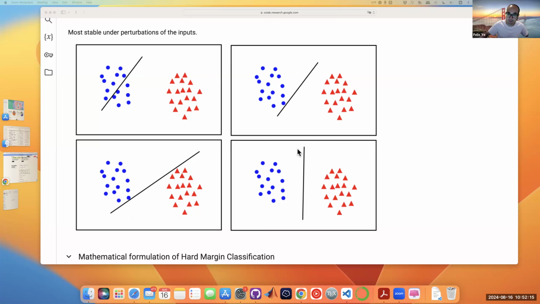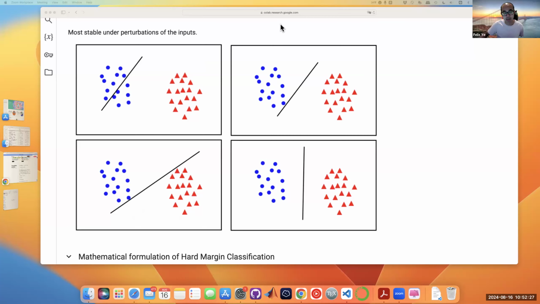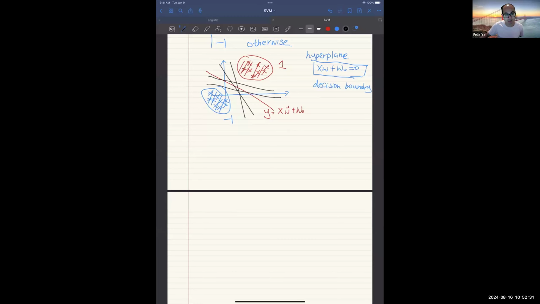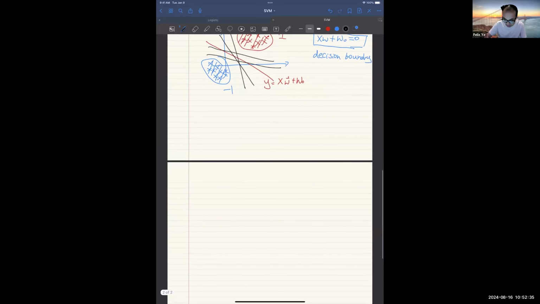So if we want to find the line, this line will be the best. All right, so this is very intuitive. Can we formulate this idea into mathematics? So what does that actually mean?